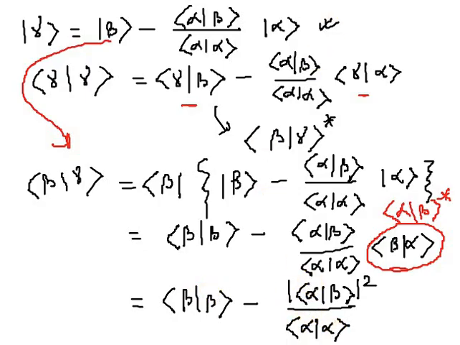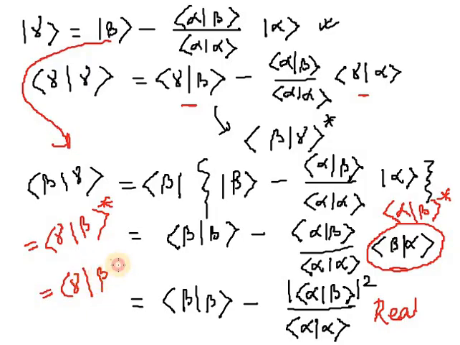So if all of them are real, then it simply means that beta gamma, inner product of beta and gamma, should be equal to inner product of gamma and beta star, because all are real, so this star does not matter, right? So I can write this as gamma beta.